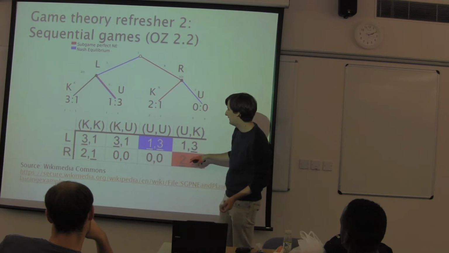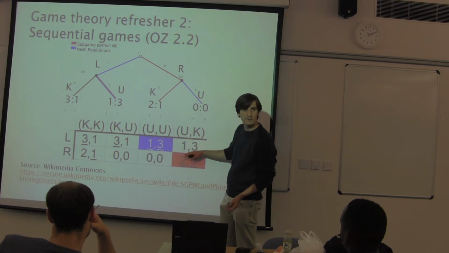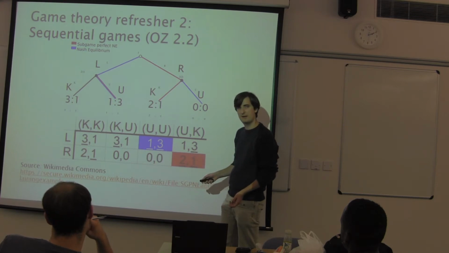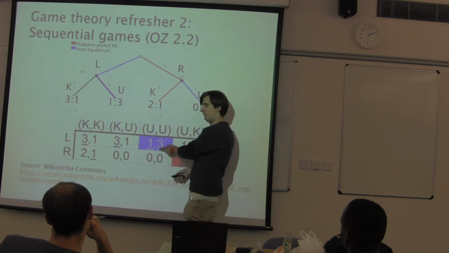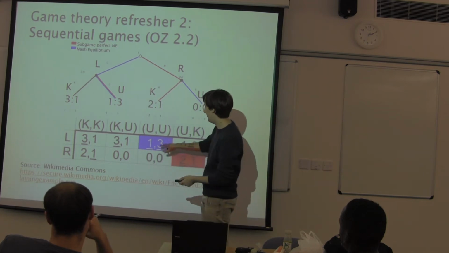And likewise, player 1 gets 2 here, they'd get 1 there, so player 1 doesn't want to deviate either. So this is a Nash equilibrium of a simultaneous game, but this is also a Nash equilibrium of a simultaneous game. What's happening here?